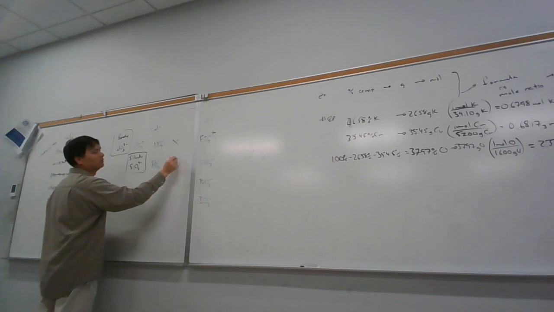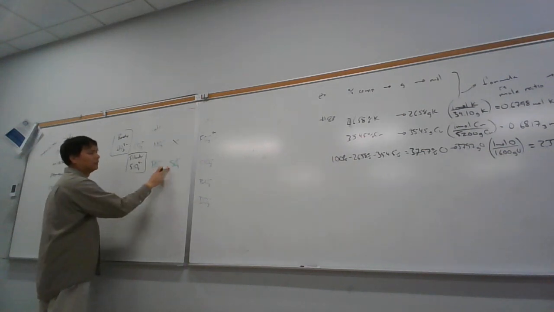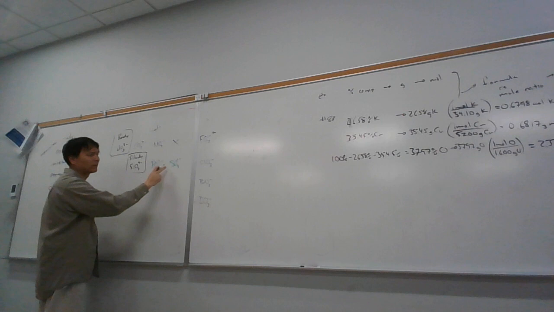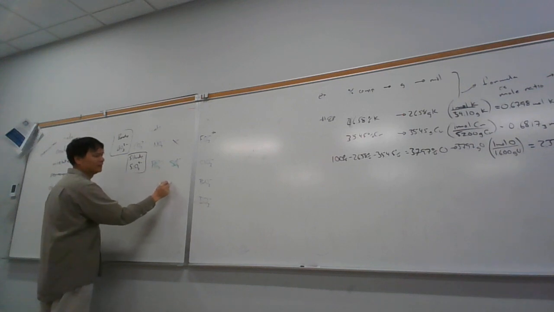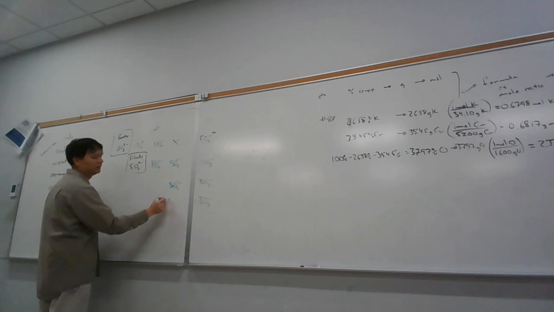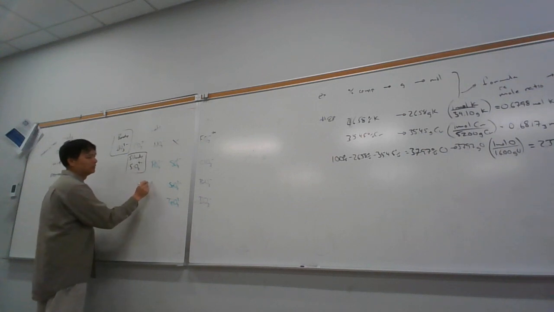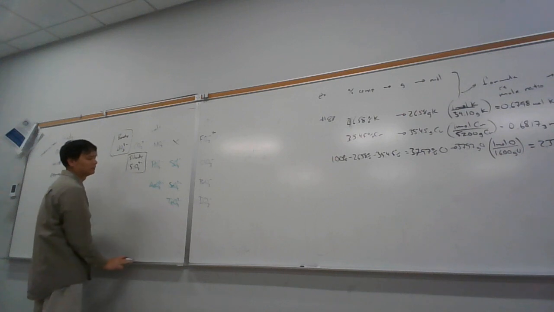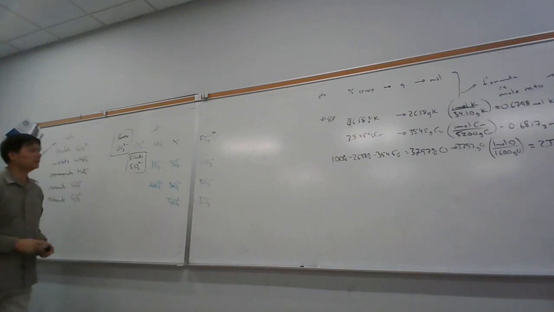SO4, 2 minus. And then selenate? SeO4, 2 minus. Tellurate? TeO4, 2 minus. Arsenate? AsO4, 3 minus. That's probably enough. Do you see a pattern?